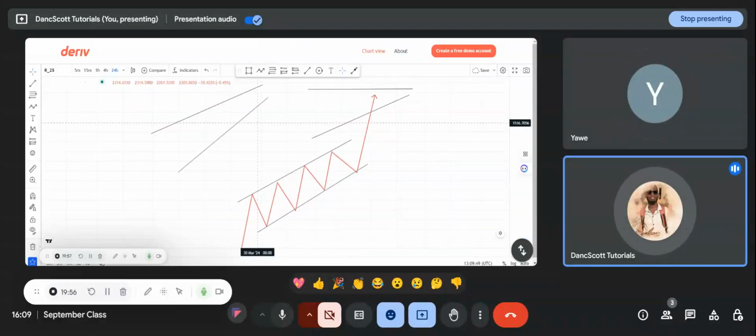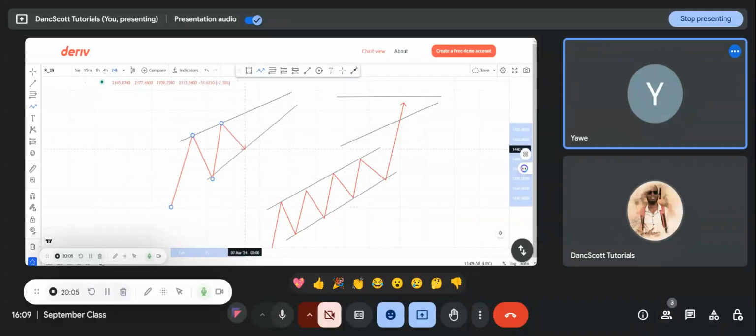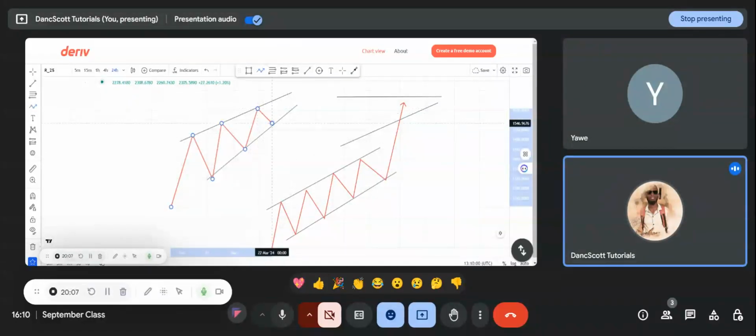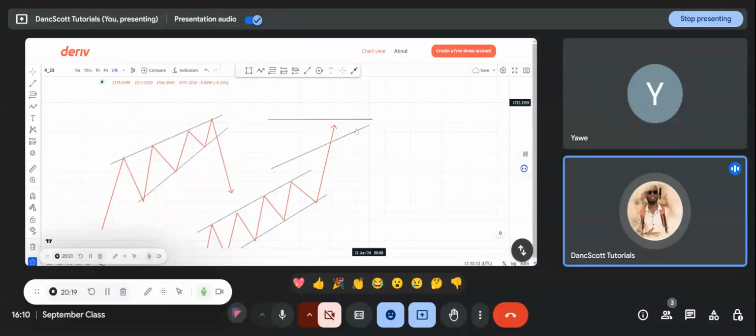Whereas on the other hand, with a wedge, price will do this, do that, do that, then it will break out into a reversal. I want you to understand them, please, because if you get them from this very point, then the better.